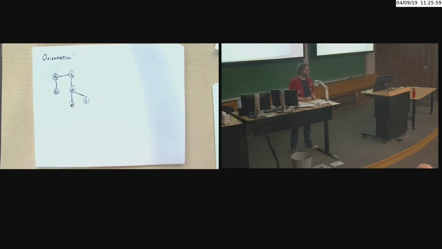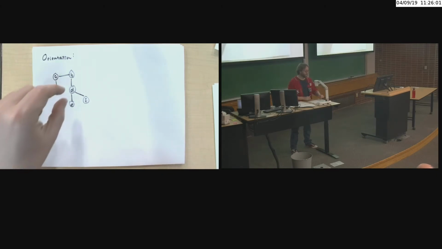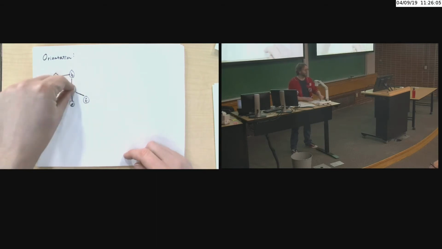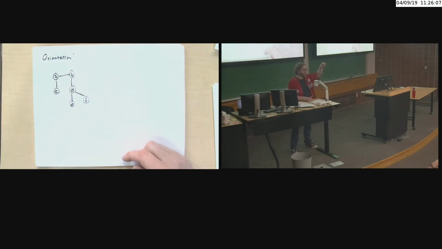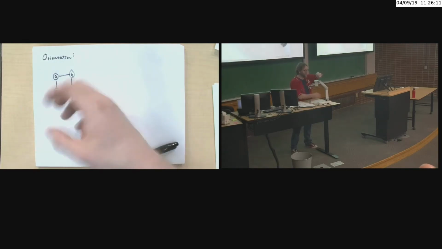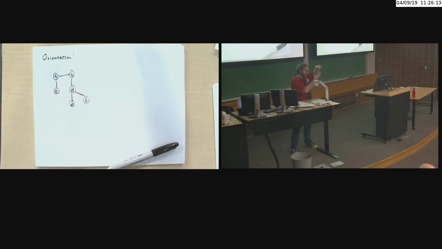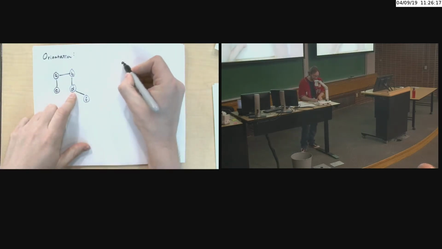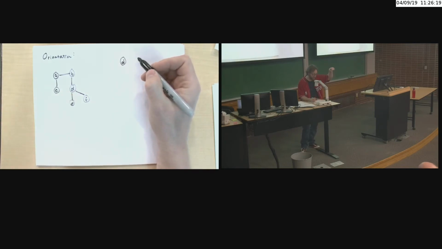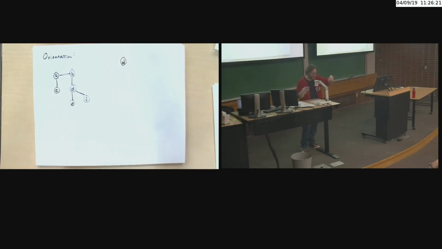The orientation that I'm going to do is imagine me grabbing this out of my paper here, say by D, and then holding it up and shaking it and dangling it so that all of the other things are still rigid, everything's still connected, but everything falls due to the force of gravity. If I did that, then I would have D at the top, right? I'm holding D by my fingers at the top here, and everything else falls.